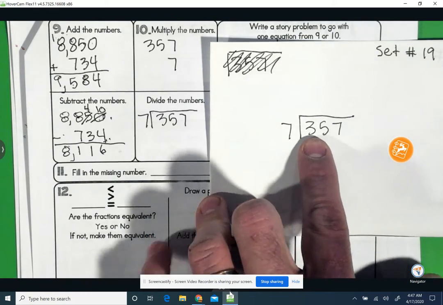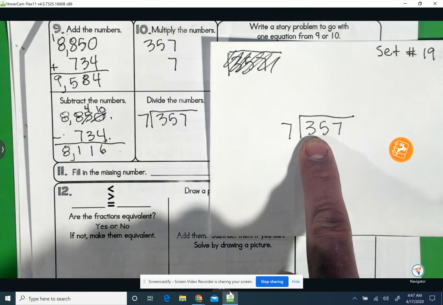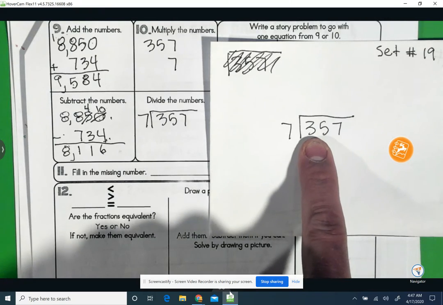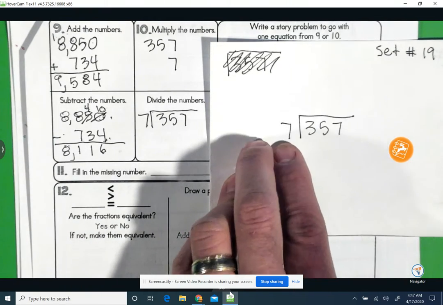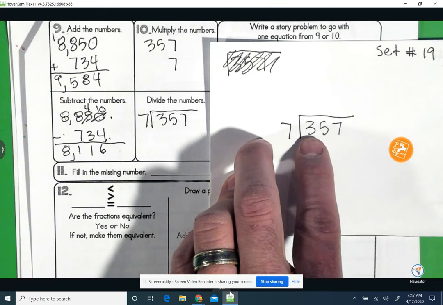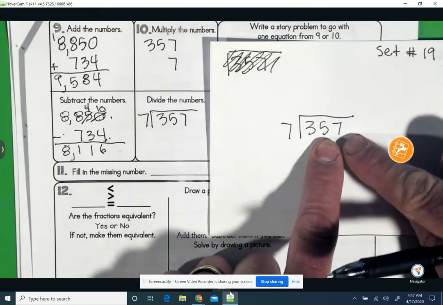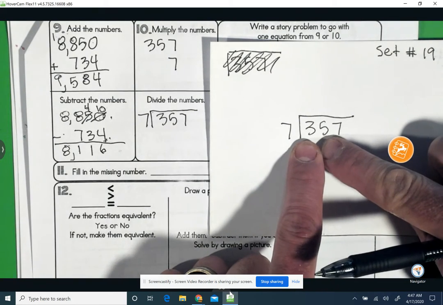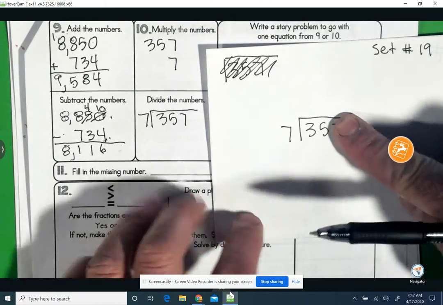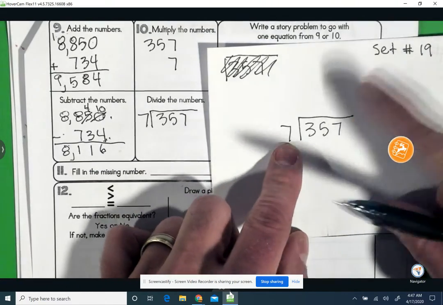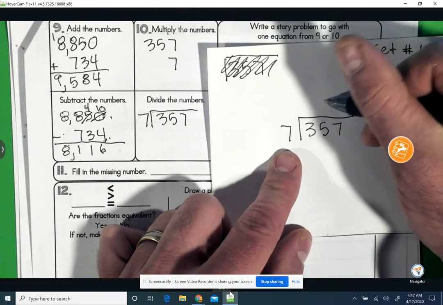If the digits in the largest place value position of your dividend, 357, is smaller than the 7, you've got to move over to the 5 so that now you are dividing 35 divided by 7. 35 divided by 7 is a basic fact.